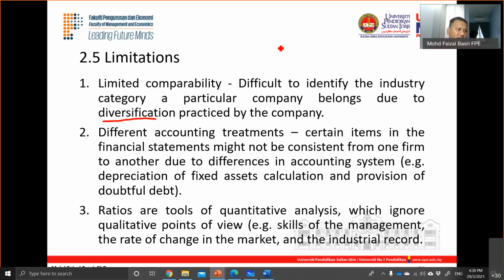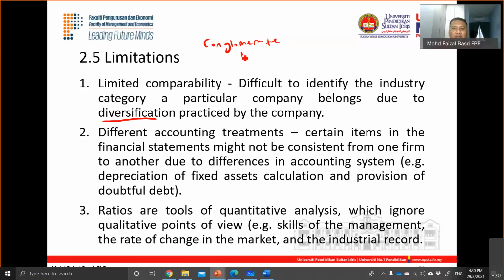Very simple. If we talk about Malaysia, we have companies that we call conglomerate companies. So when we talk about conglomerate, this company has a lot of businesses under their wings. In Malaysia, conglomerates are mostly GLCs, right?